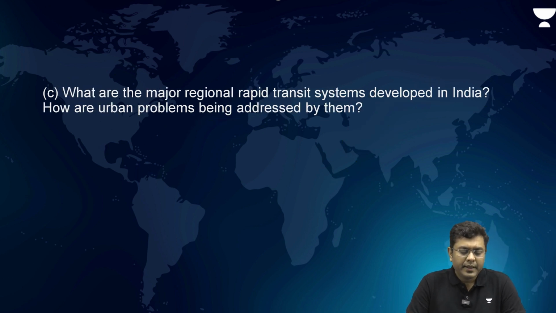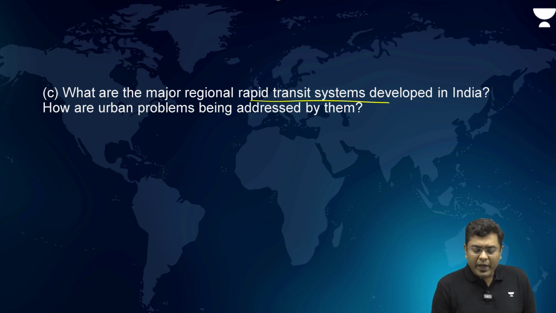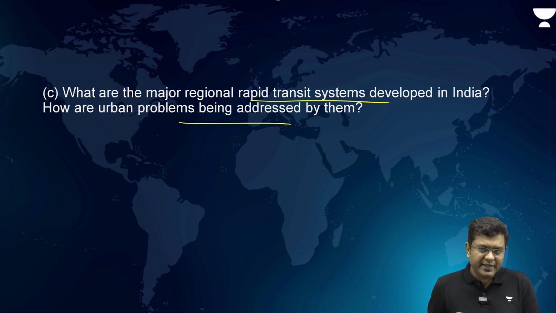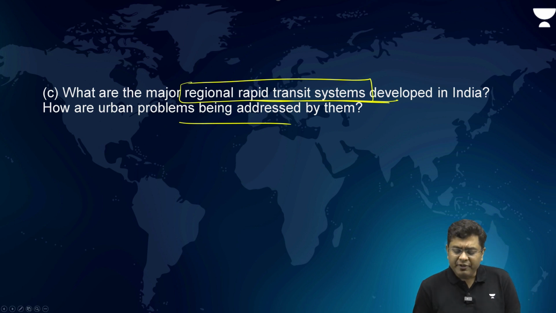Okay? Then, what are the major regional rapid transit systems developed in India? How are urban problems being addressed by them? Now, this is also a simple question that we have discussed even in the GS classes. So, regional rapid transit systems. You have various of them.